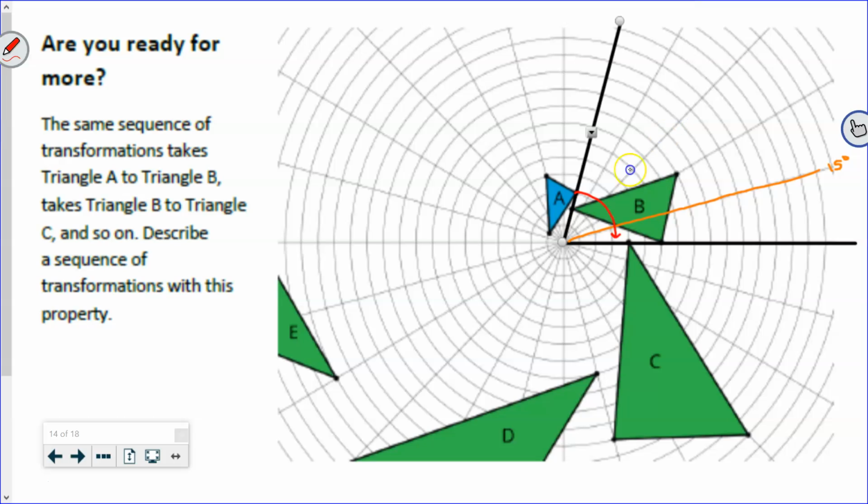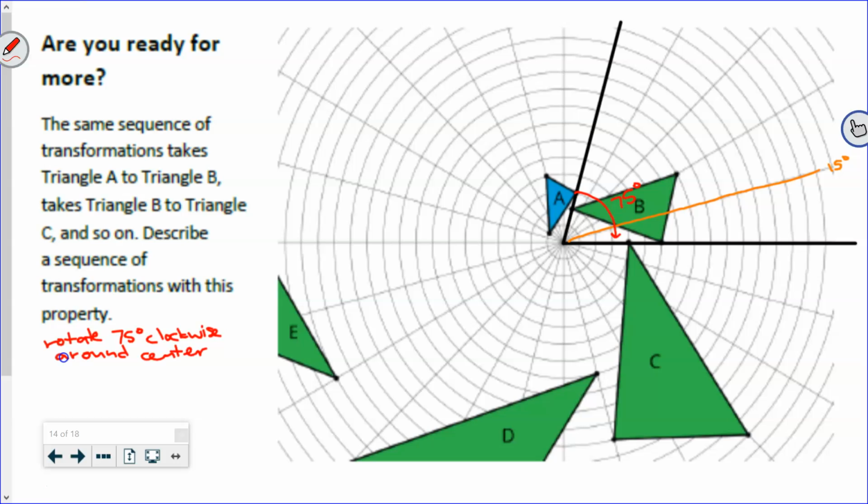Knowing that each one of these is 15, count it out. 15, 30, 45, 60, and 15 more is 75 degrees. So we are rotating 75 degrees clockwise around the center.